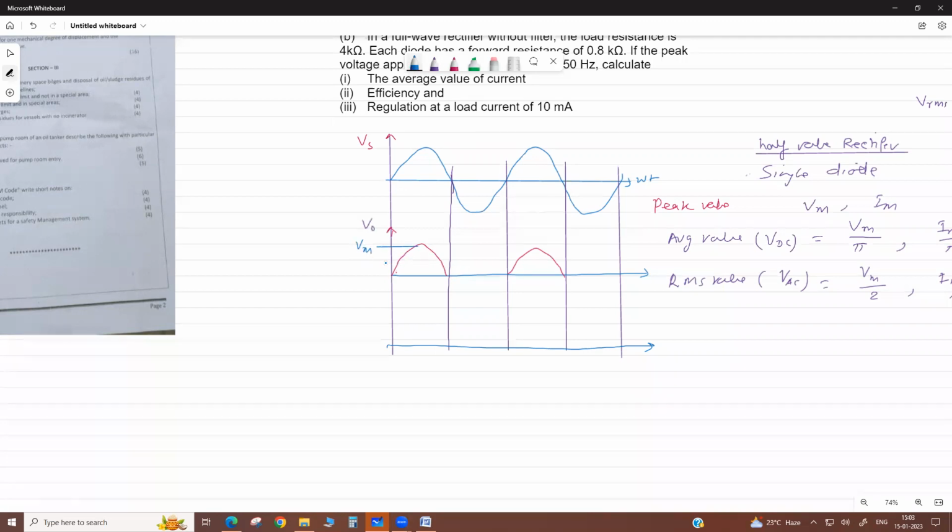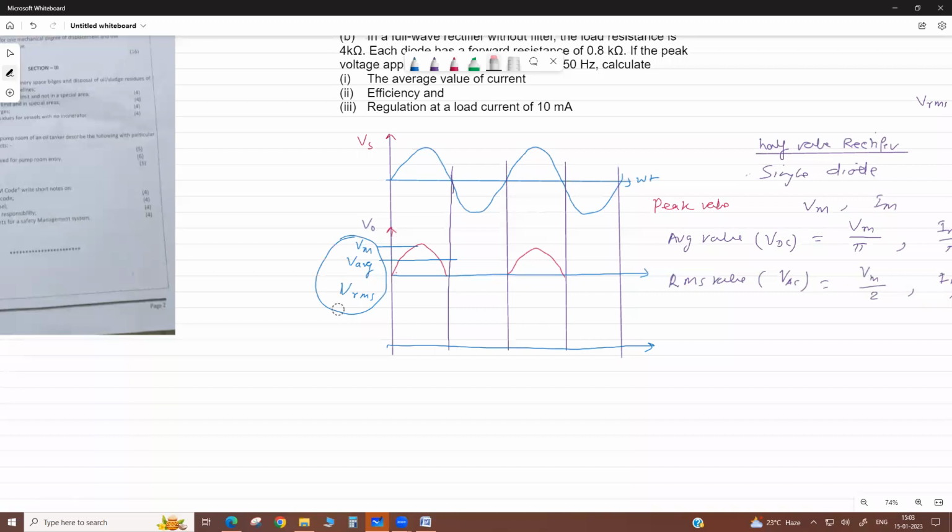We can also calculate the average value of this, and the RMS value also. That is called V RMS. It gives you AC. So for this also we can define these values. Actually we are calculating for output, but these are also the peak value, average value, RMS value.